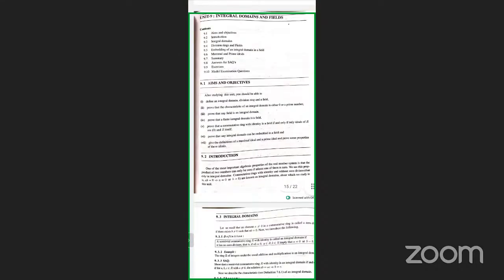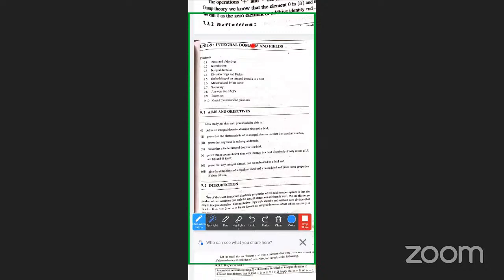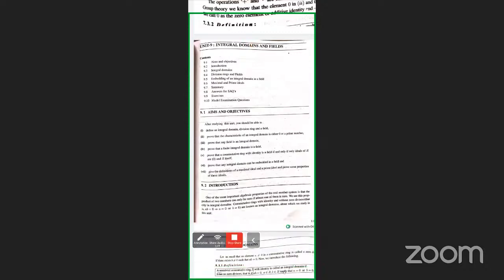So next, ideals and integral domains and fields. Next, the 9th chapter.